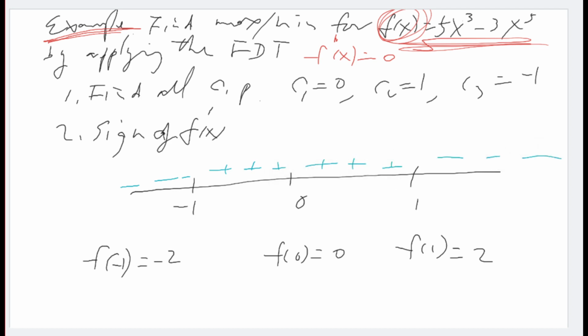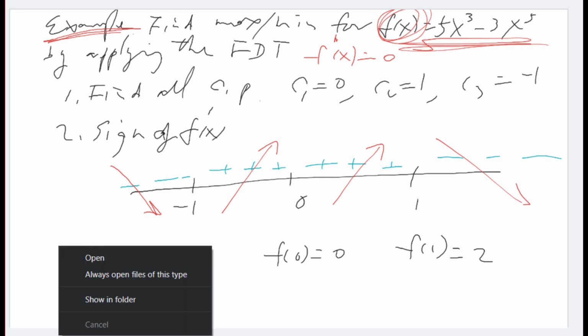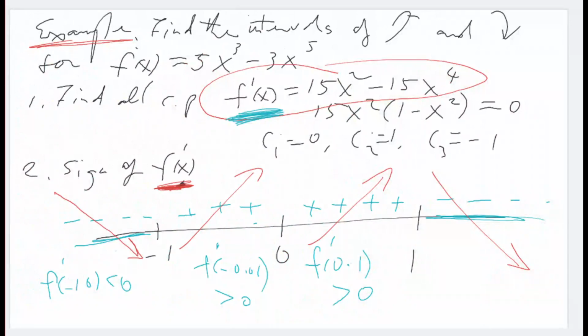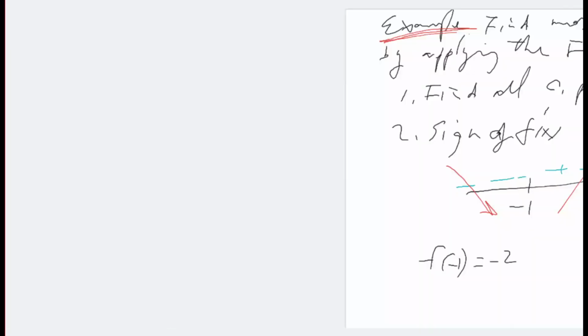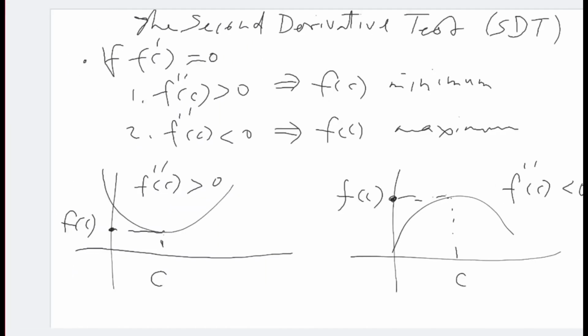Okay, that's what we got before. Then we can tell it's decreasing, increasing, increasing, decreasing. So that's what we got before. Let's just be sure. Decreasing, increasing, increasing, decreasing.